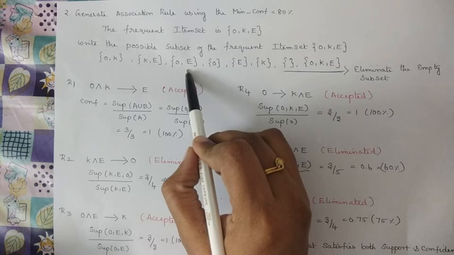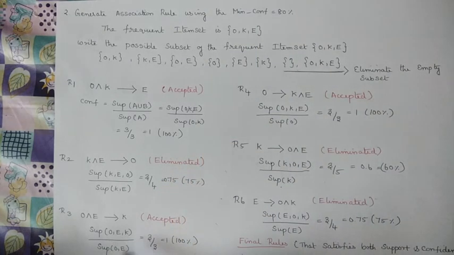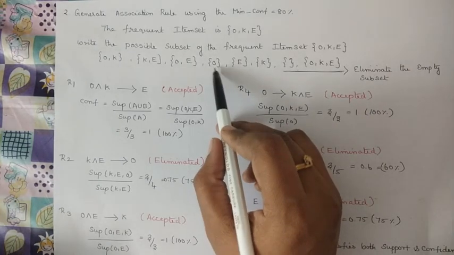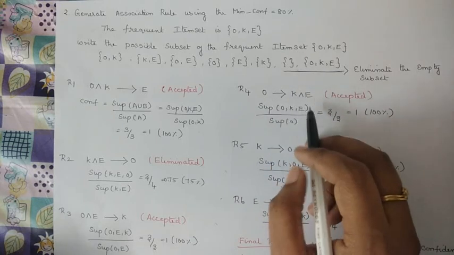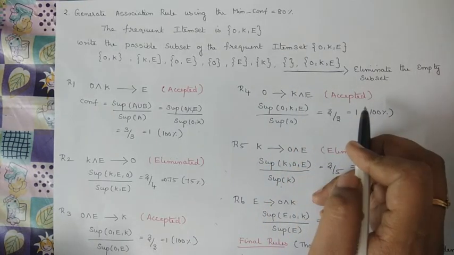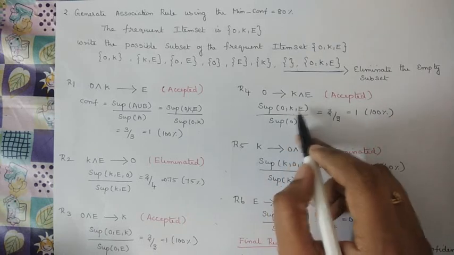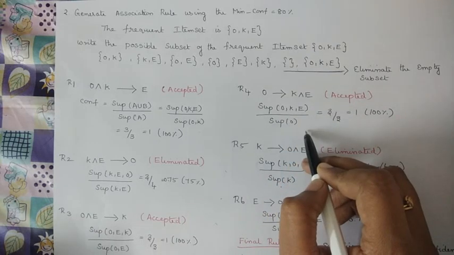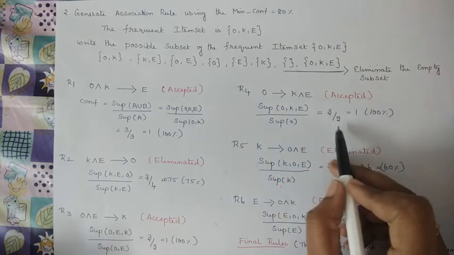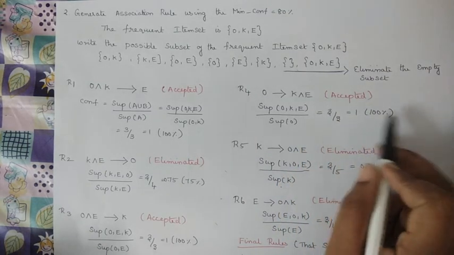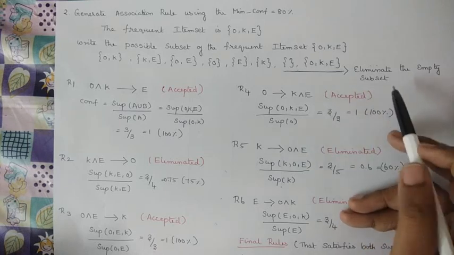In the same way, I am moving on with OE, which also gives me 100%, so this rule is accepted. I am moving on with O. If someone purchases O, that implies they may go with K and E. So support of OKE divided by support of O. This will be your A and this will be your B. 3 divided by 3 is 1, that is 100%. So this rule is also accepted.